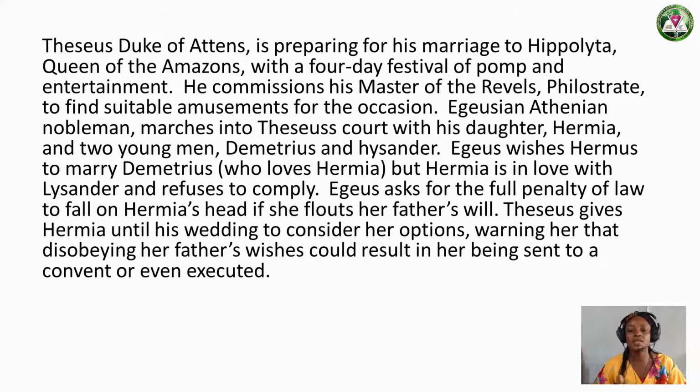So, as a result of that, Aegius asks for the full penalty of law to fall on his daughter Hermia if she flouts his will. That is, if Hermia refuses to marry Demetrius according to her father's instruction, then she should be ready to face the wrath of the law.